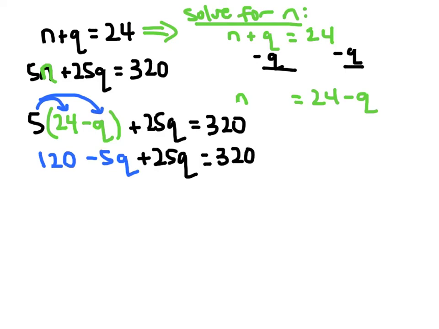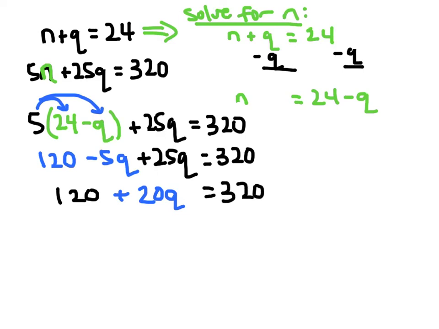And from there, I will combine like terms. Let's see, 120 is not a like term, but negative 5q and positive 25q are like terms. So that will leave me with 20q. I'll rewrite the 120. And remember that negative 5q plus 25q gave us a positive 20q, still equaling 320.